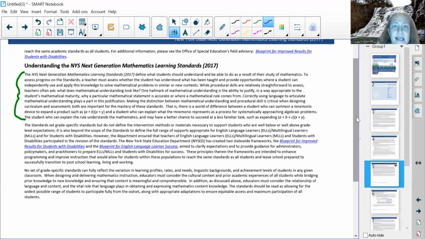A teacher must assess whether the student has understood what has been taught and provide opportunities where students can use and apply their knowledge in similar and in new contexts. So you do mathematical application when you can take a skill and transfer it over to a new situation or problem, right? And that's really what problem solving is.